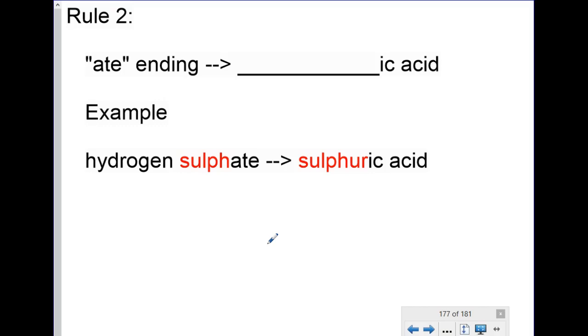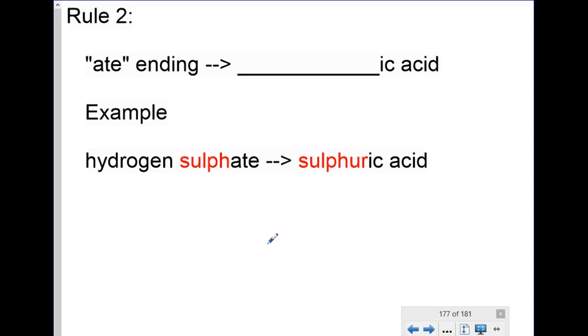This one takes a little bit of practice to figure out what letters might need to be included in the name and which ones might not need to be included in the name. The last category deals with the substances that use the ITE rule. Again, these are all things that come off the polyatomic ion table.